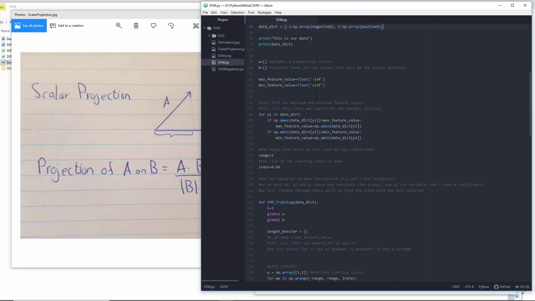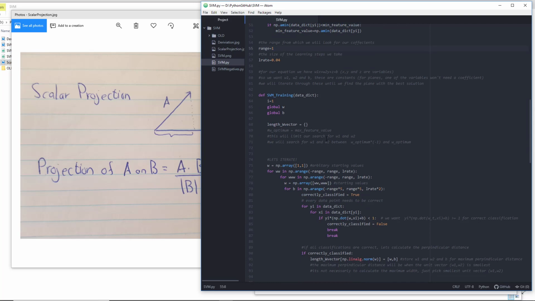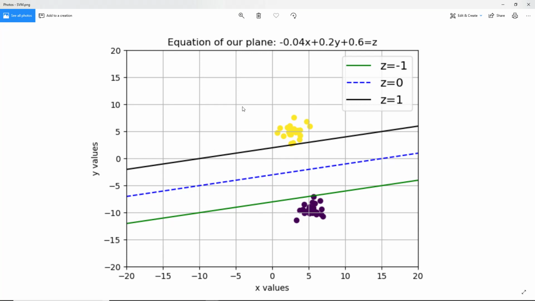And then once we have our data, this is our learning rate, and this is the range that we're going to search over. So we're actually going to iterate. We've got 3 coefficients which we need to find: this W0 coefficient, this W1 coefficient, and B. So there are 3 constants that we need to find that will generate our equation.